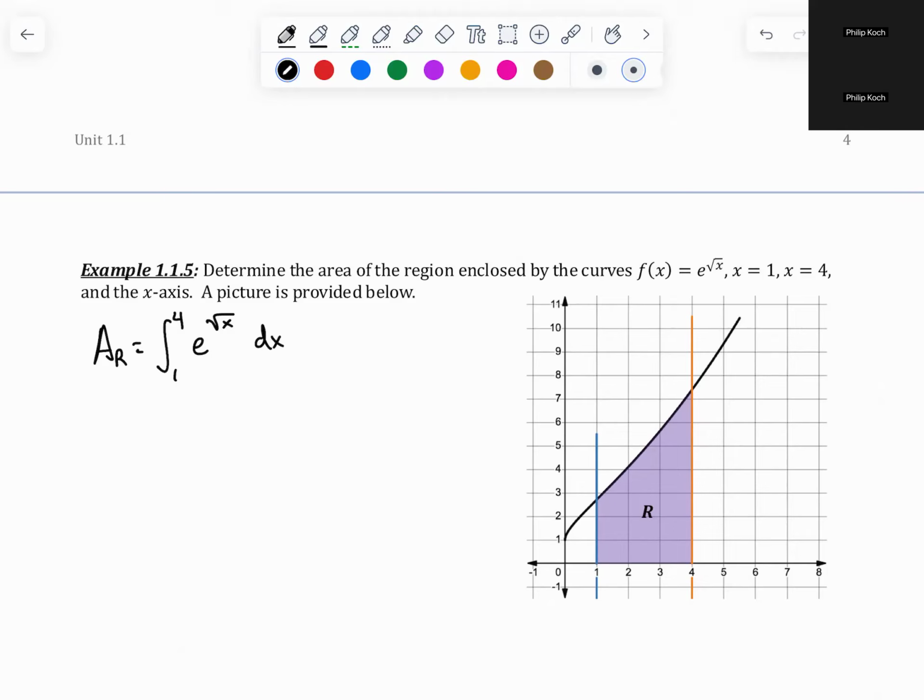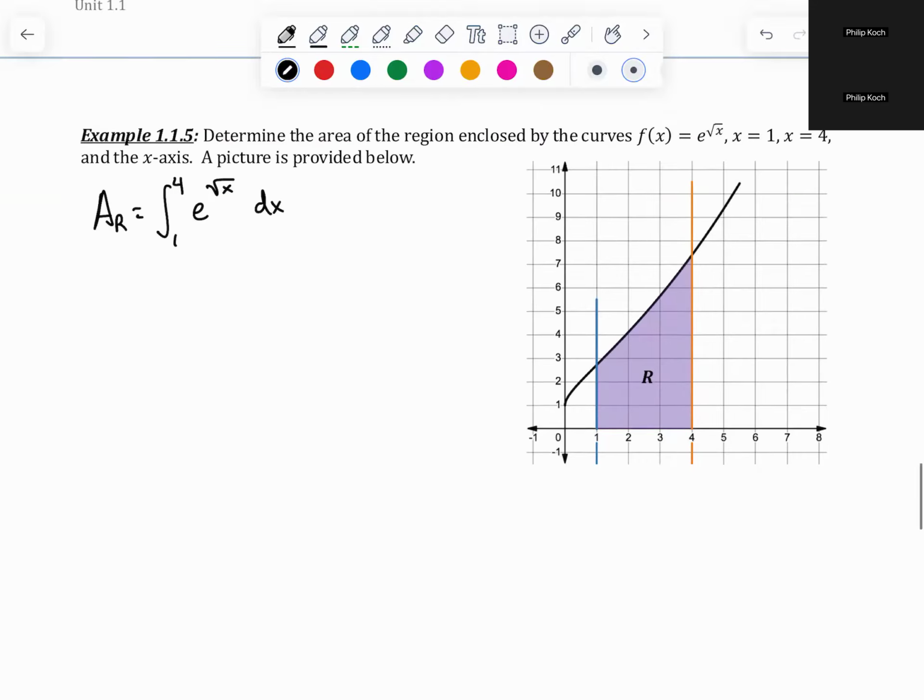It becomes very uncomfortable, because if you make u equal to e to the square root x, your derivative becomes more complicated. So the hint is first make a u sub, then integration by parts. But I'm just going to say first make a u sub.